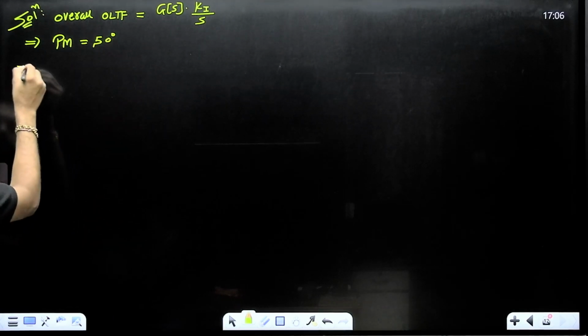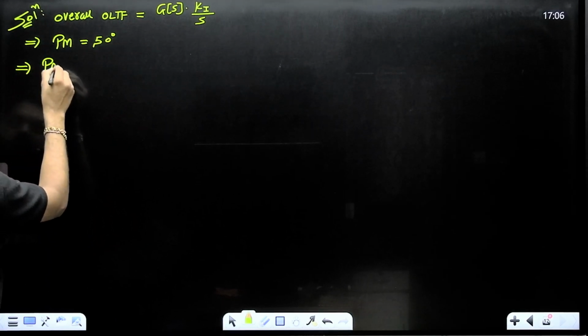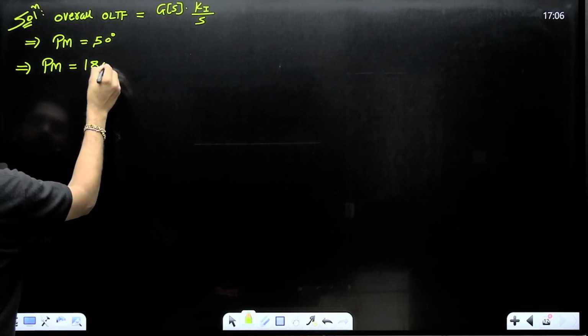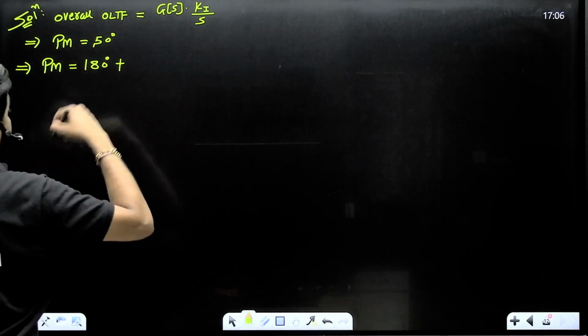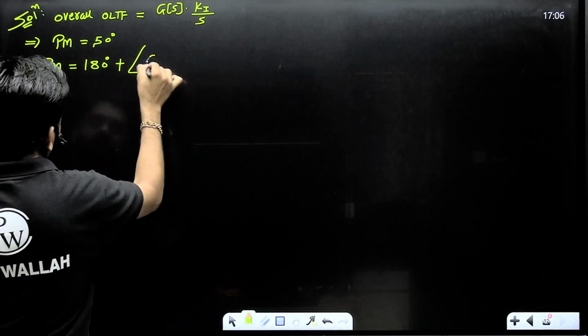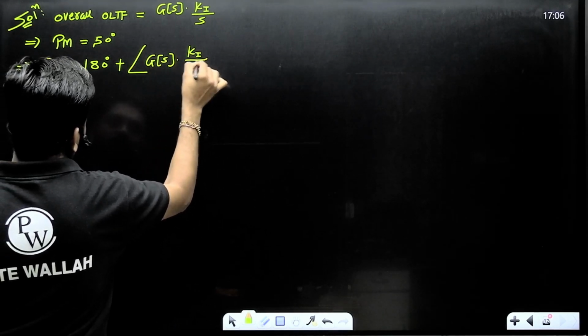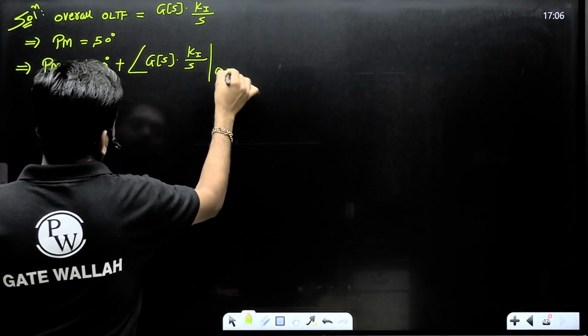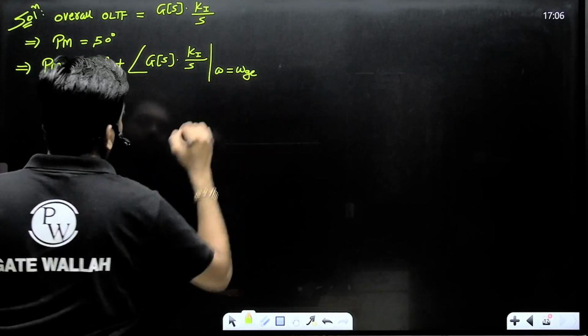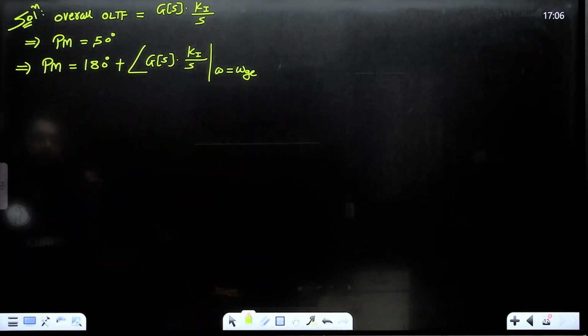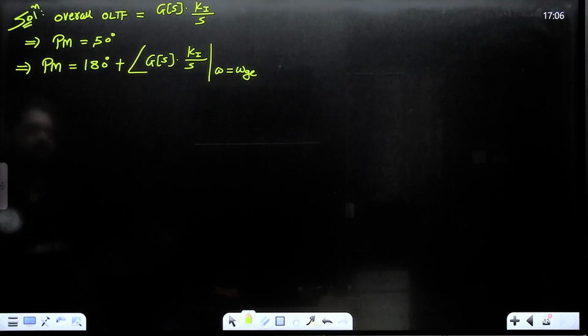What is the formula for phase margin? Phase margin is nothing but 180-degree plus the angle of this open loop transfer function. So the angle of G(s) times Ki by s at omega equal to omega GC.